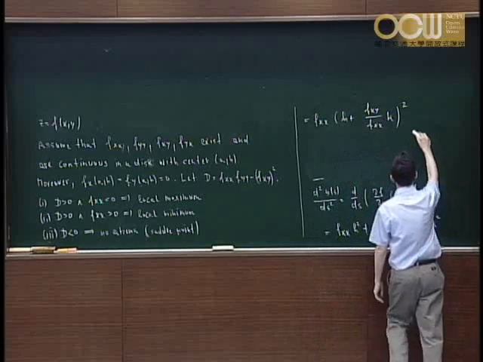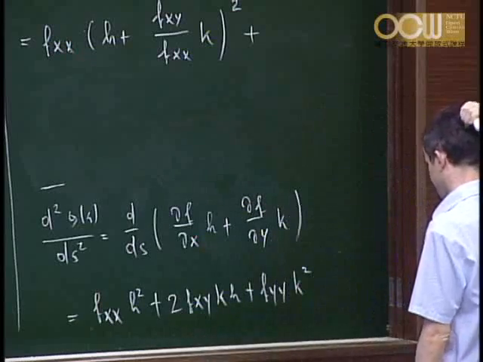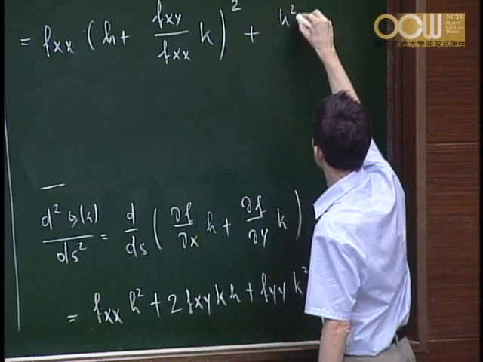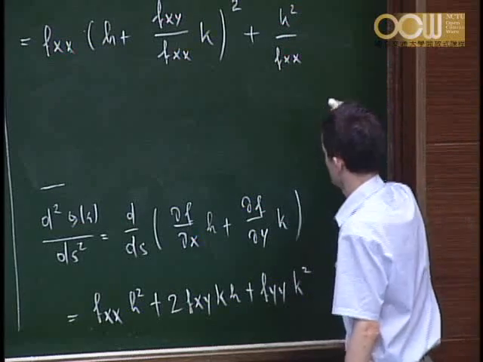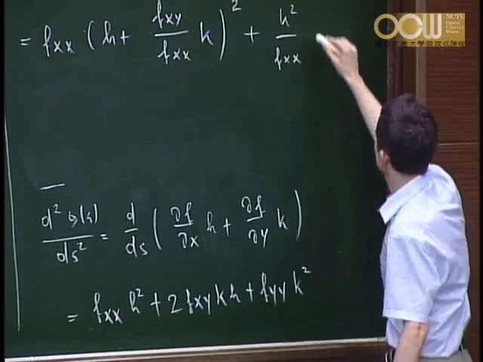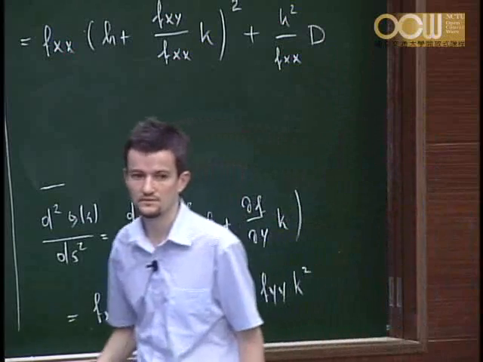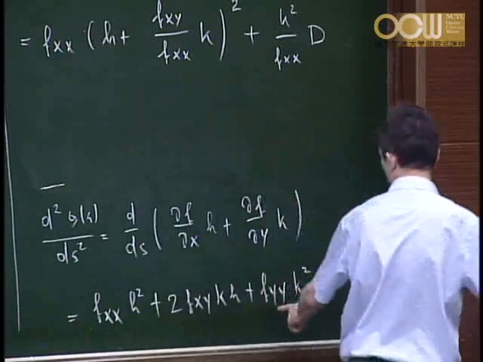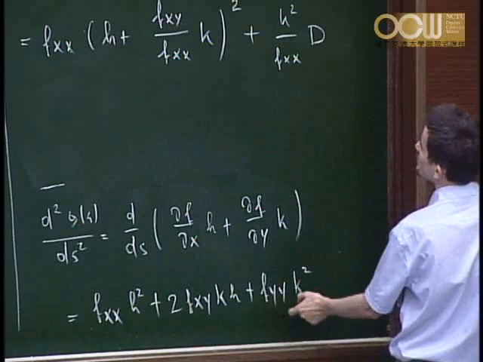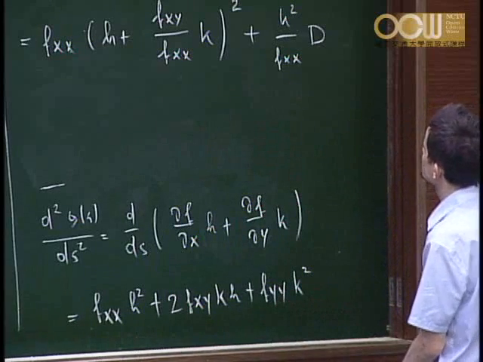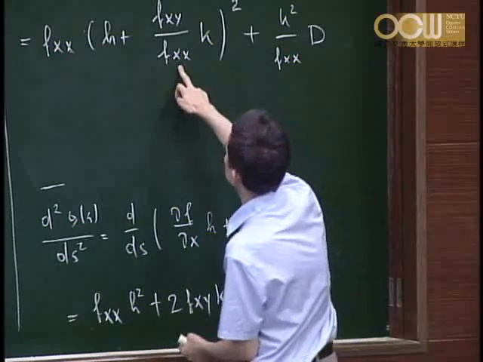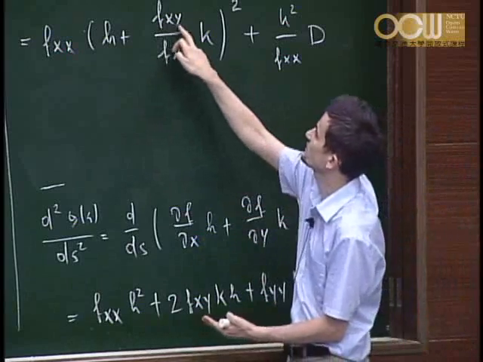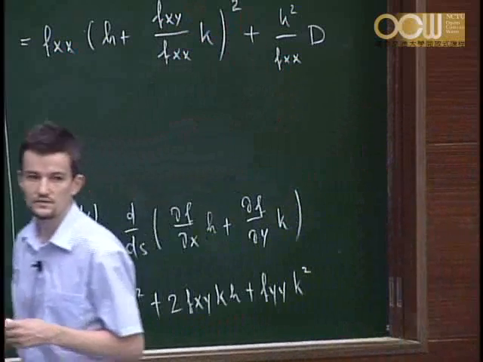So what is left? Plus k squared over f_xx, and you see the rest is exactly our D. Because if you take out the f_xx, you have f_xx times f_yy, and you have to subtract the additional term, which is exactly f_xy squared.